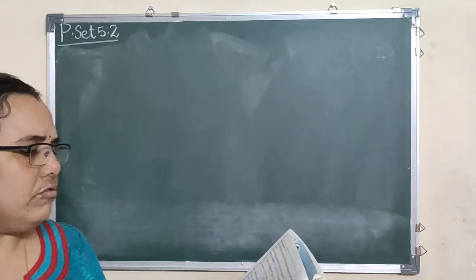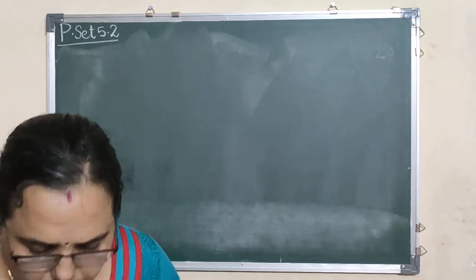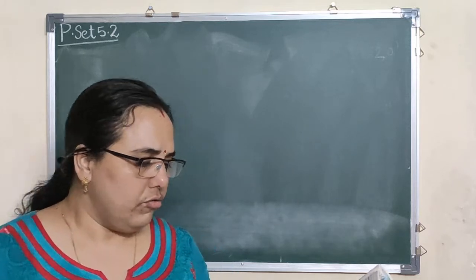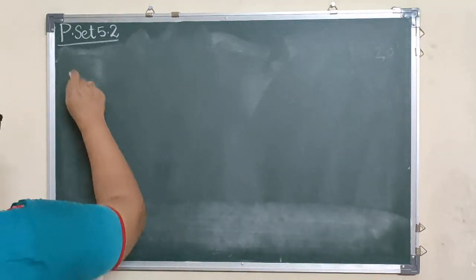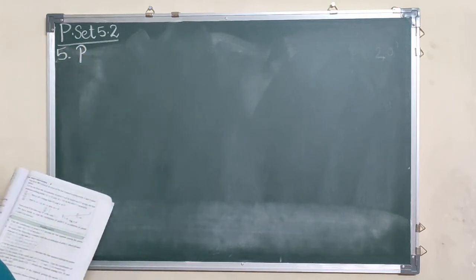The fifth one is also similar to sum number 3, but there is a little more working there, so you have to be a little careful. So let us start. The calculation is not difficult, only a little bit of changes there.